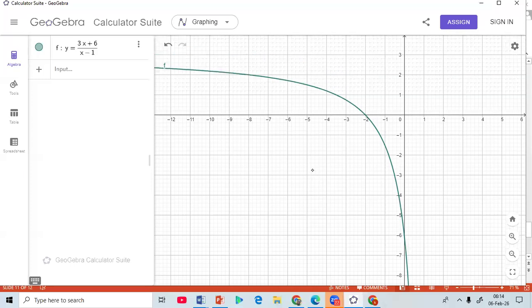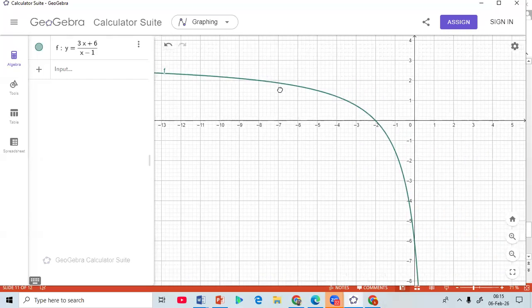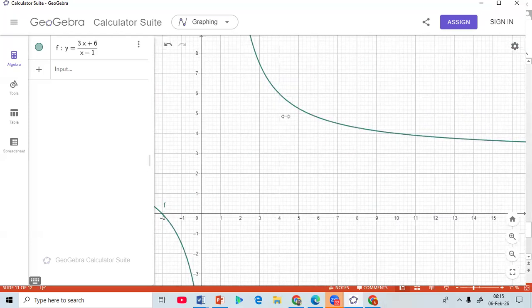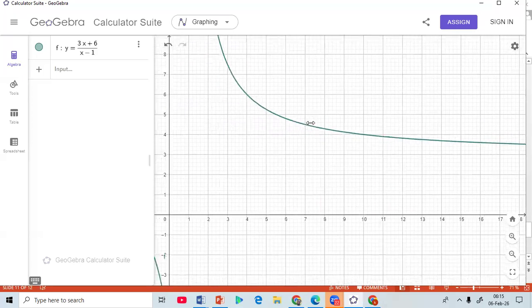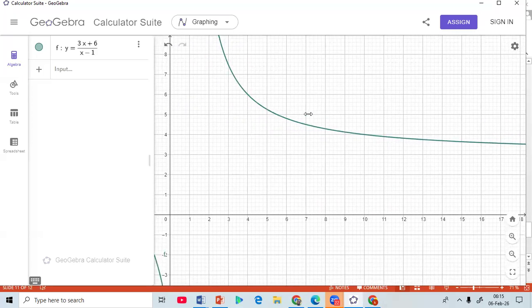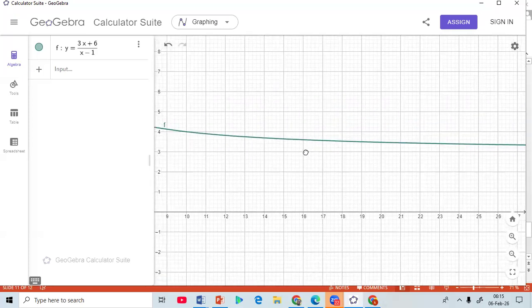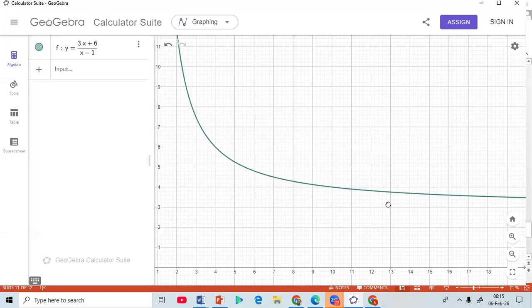So members, you can notice how our curve is behaving. It is behaving like that. Then the other part, you are not seeing. Now, the other part, remember it is asymptotic at 3. So at 3, it should just pass there, not touch it. Samsung, I don't know whether you are able to see. When I zoom it, you may not see the three.